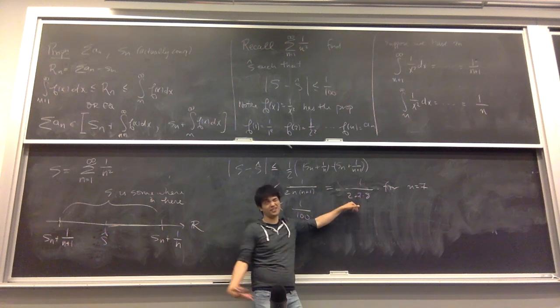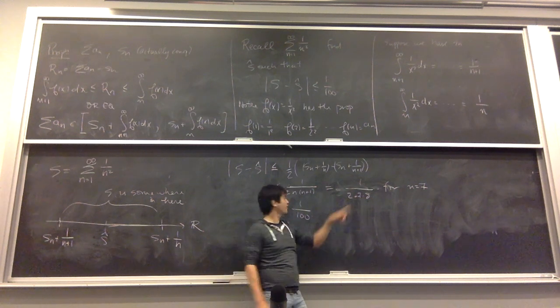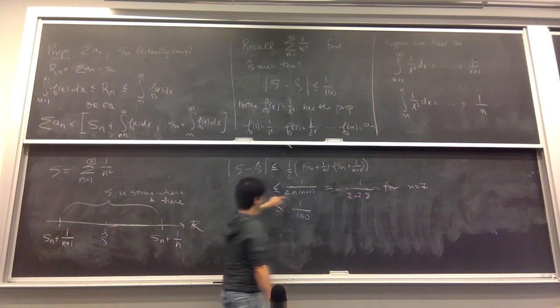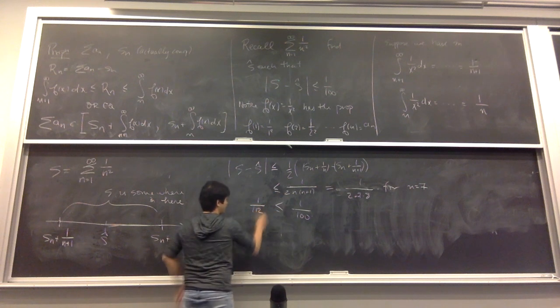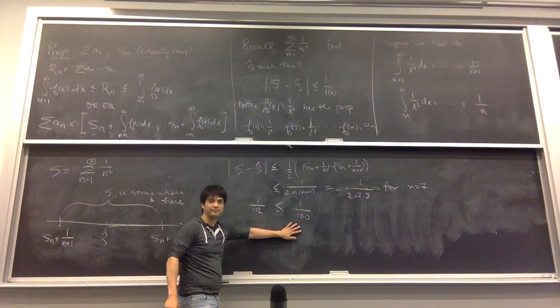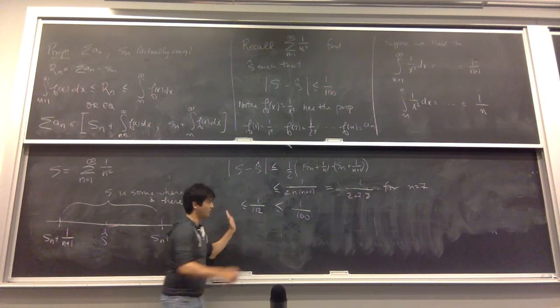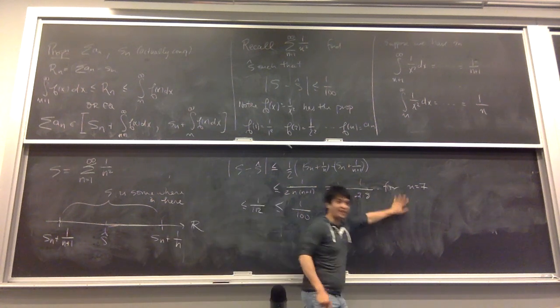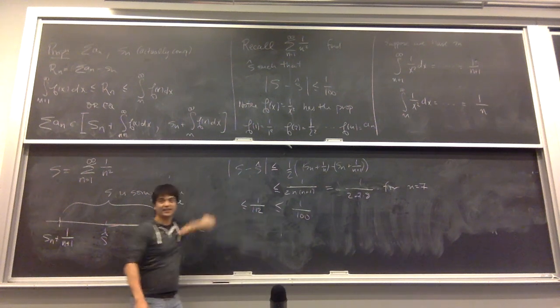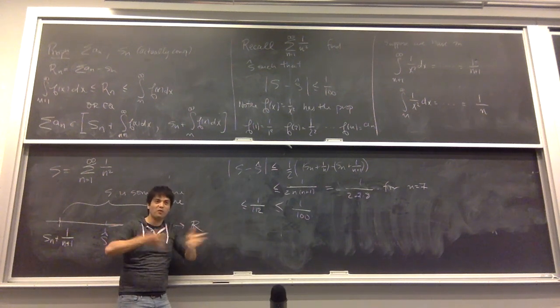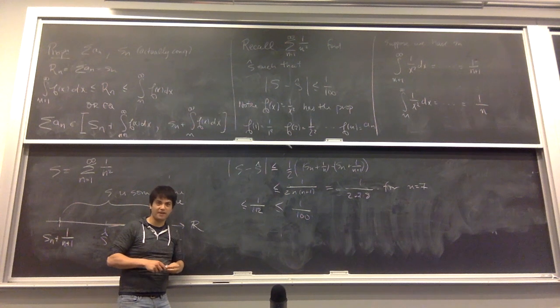Double that is 112. So 1 over 112. Yeah, so 1 over 112 is less than 1 over 100. Right? Okay, so if I make n equal 7, this will be within 1 over 100 of the true value.